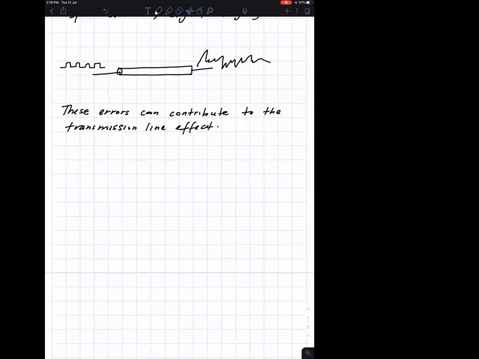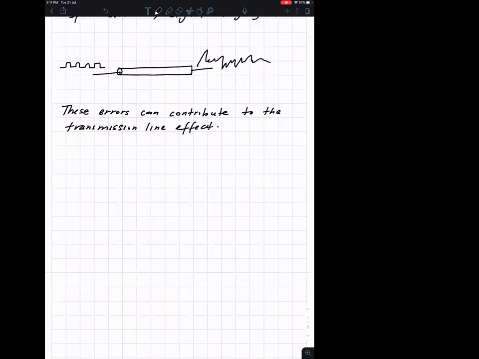Transmission line effect, we already talked about what those transmission line effects are. Okay, so I was talking about transmission line effect. So let's look at a few of these effects.